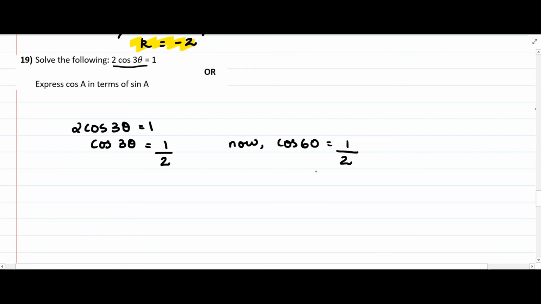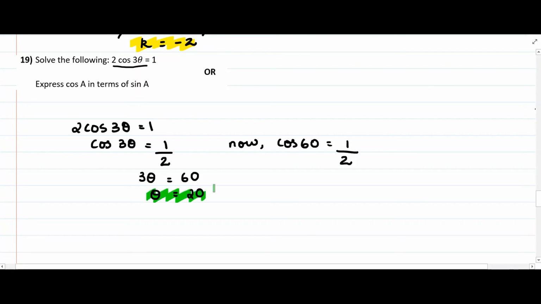Correct? So comparing these two equations, what do you get? 3 theta is equal to 60. Correct? Because it is 1 by 2, so the angle will be equal. So theta is equal to 60 by 3, which is 20. Yes, it's very simple.